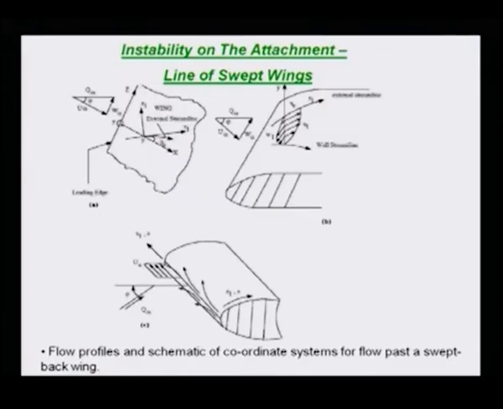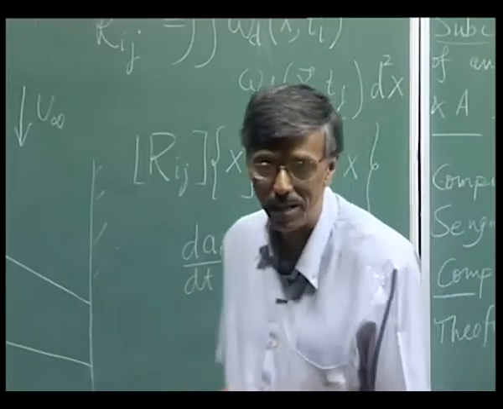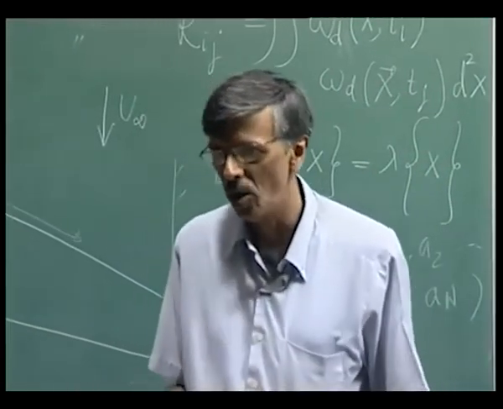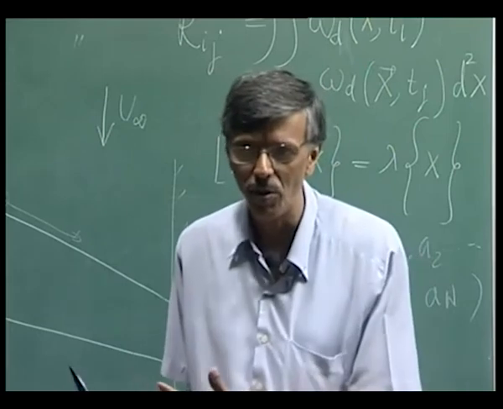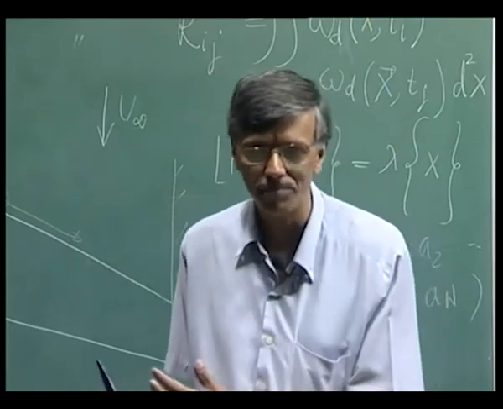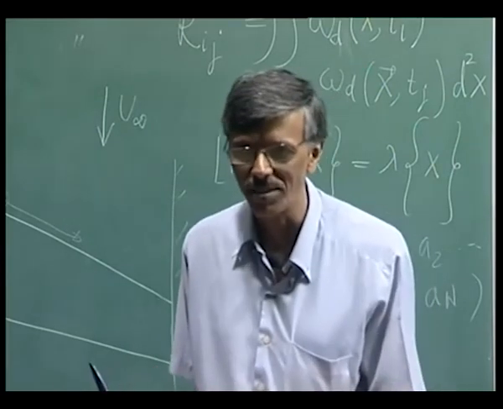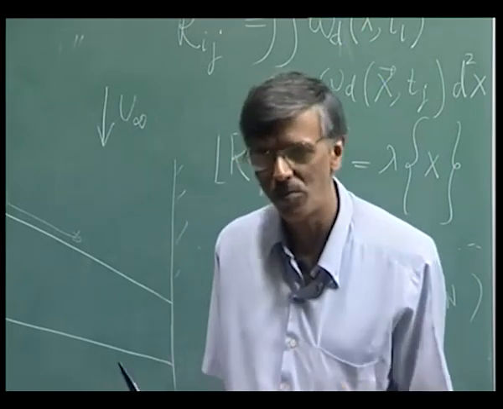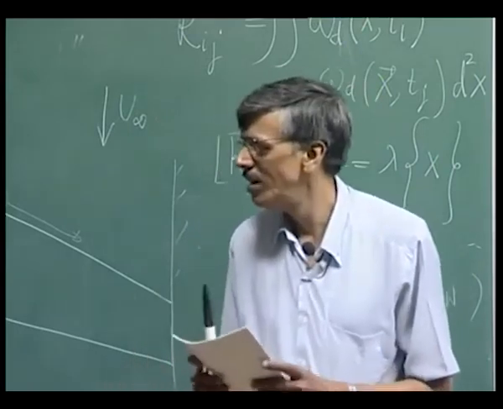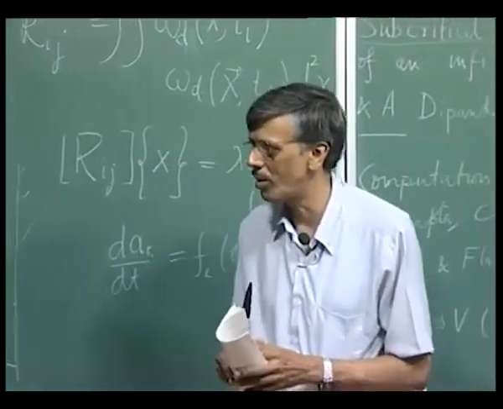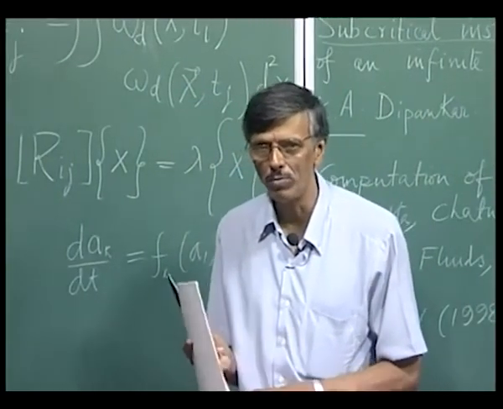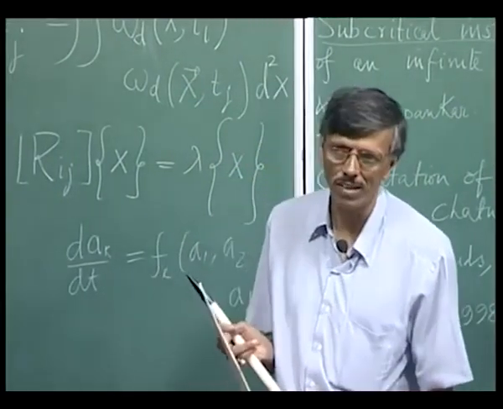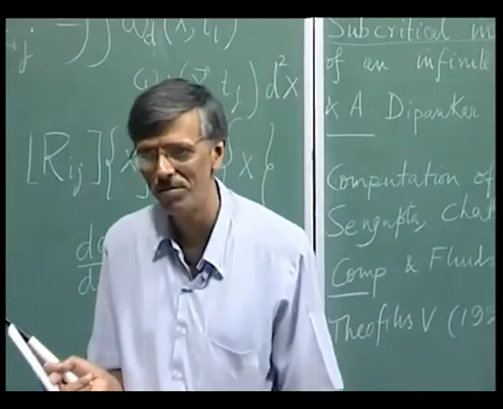I mentioned to you that there was some computational work done by Schmid's student, Obrist and Schmid. They tried to compute the flow as a vortex induced instability, but they did not succeed for various reasons. We'll talk about that later, but I think one of the main culprits was that they considered it as a three-dimensional phenomenon.